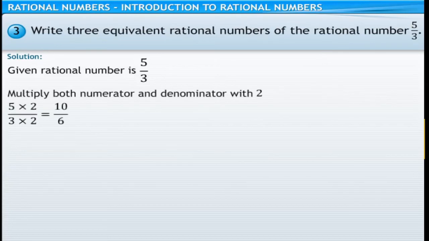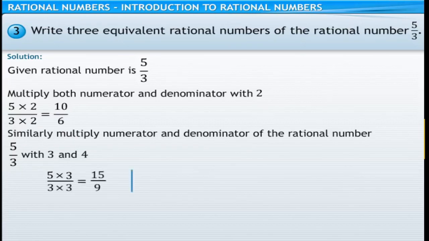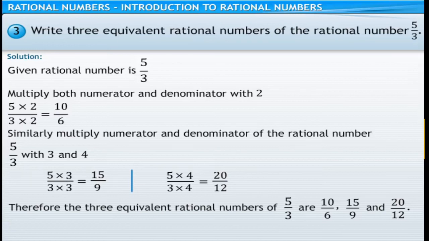To find rational numbers that are equivalent to 5 divided by 3, we'll multiply its numerator and denominator with 2, 3, and 4. 10 divided by 6, 15 divided by 9, and 20 divided by 12 are the 3 rational numbers equivalent to 5 upon 3.